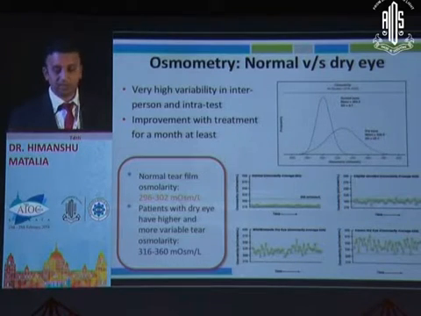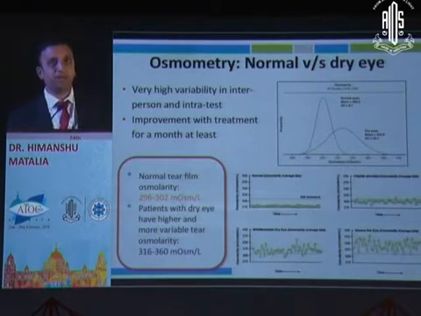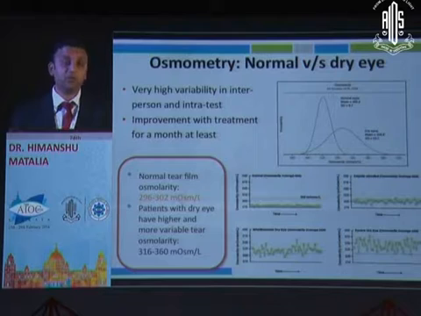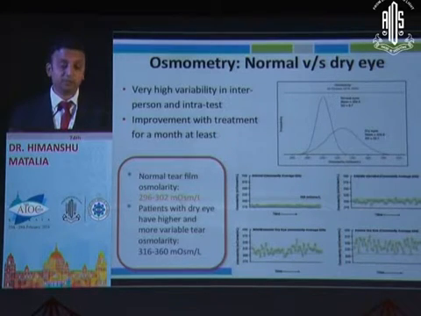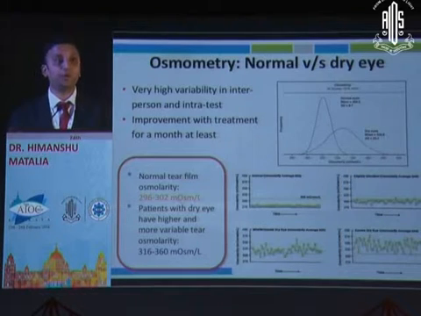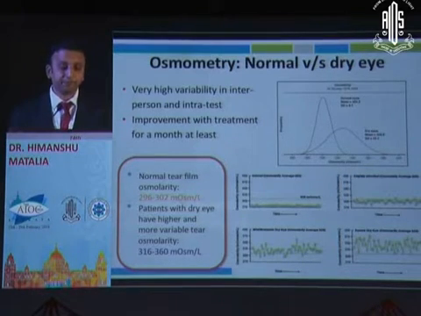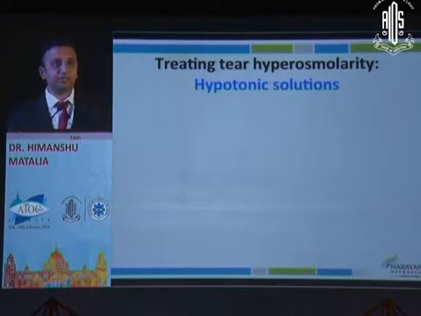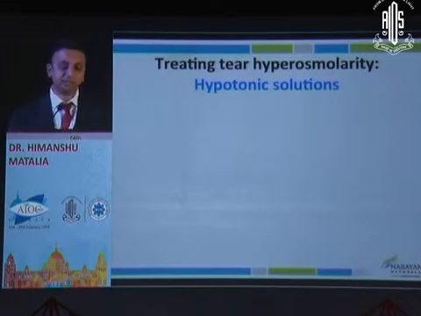If you see the graph here, between normal and abnormal, there is a lot of crossover. Hence, you may have a dry eye patient who still has a normal osmolarity value, or at the same time, you may have abnormal osmolarity but the patient may not have dry eye. Because of this, there can be issues in treating the patient based just on this test.